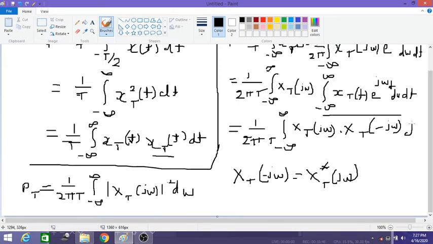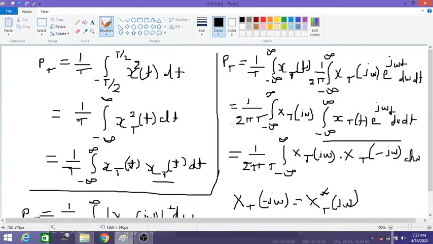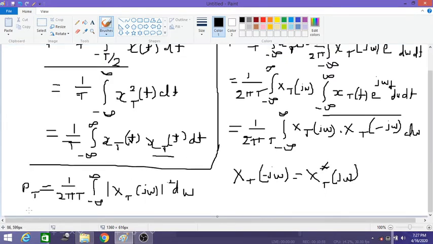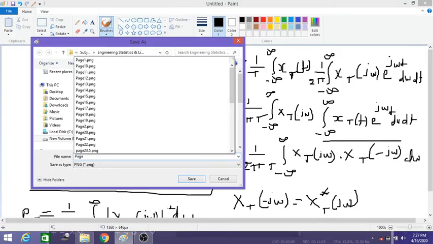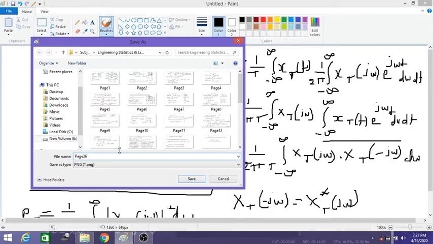Here the d omega term was missing, so it is d omega. Now if I compare this with my time domain expression, this is also my power equation. Let me save this page here, page 36.